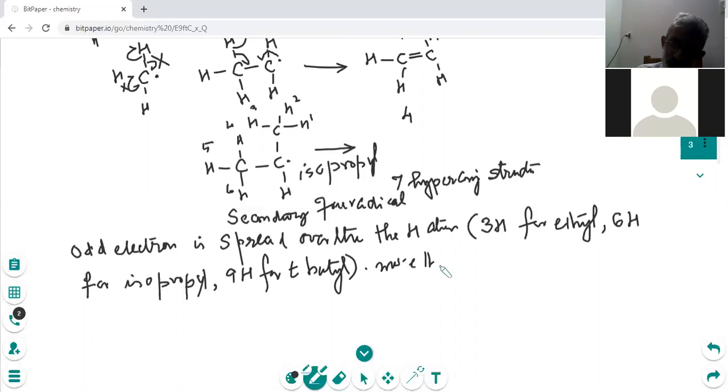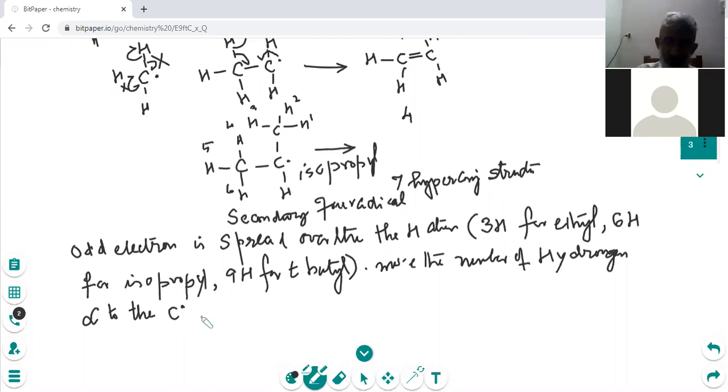More the number of hydrogens alpha to the carbon bearing the radical, more stable it is.